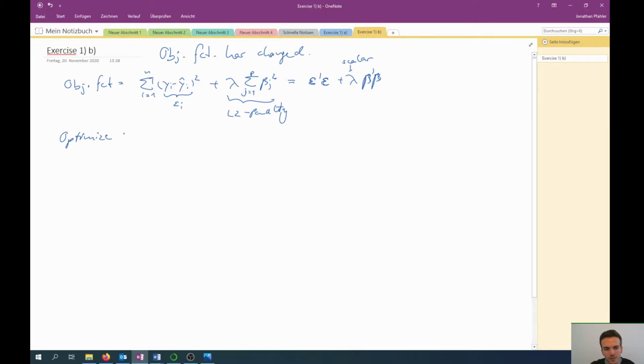We optimize the vector of our betas by minimizing the objective function. And we do this with the first order conditions again.